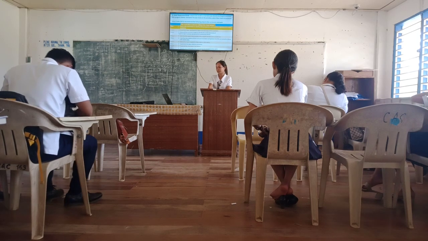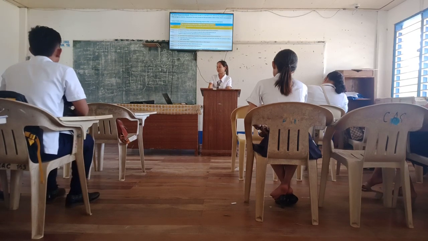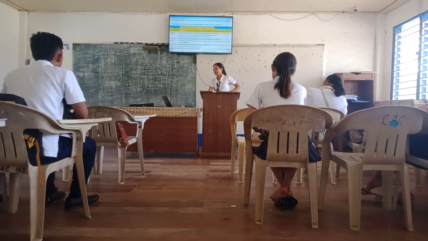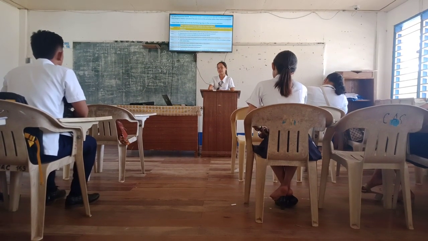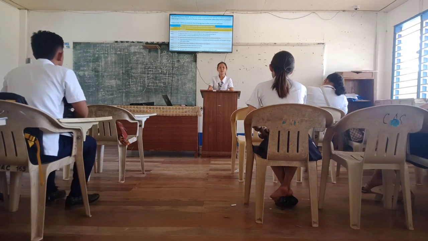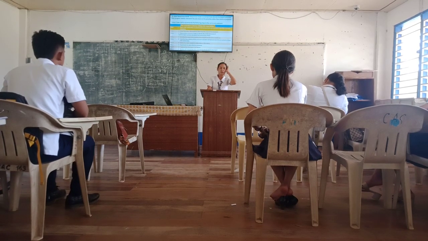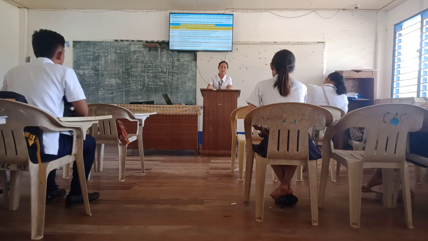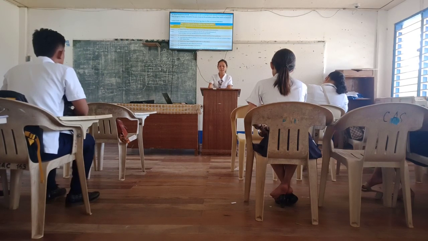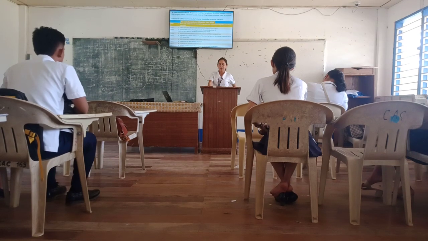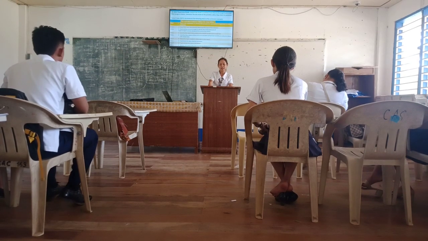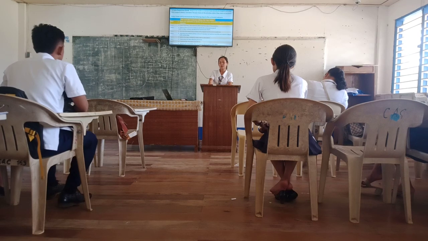Step 3, observe the curriculum closely to get a sense of its operation and identify any unintended deviations from announced intent. So, i-observe ang curriculum kung unsa ang pwede ma-stay or need i-revise. So, the evaluator observes the program closely to get a sense of its operation and notes any unintended deviations from any announced intent.